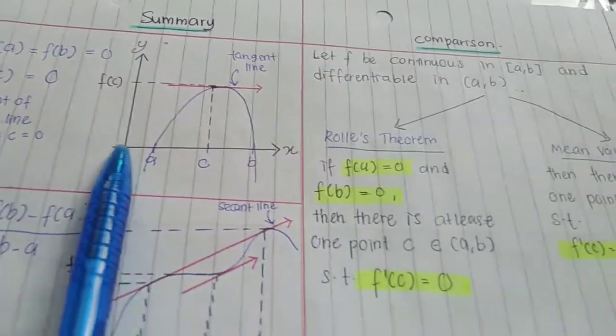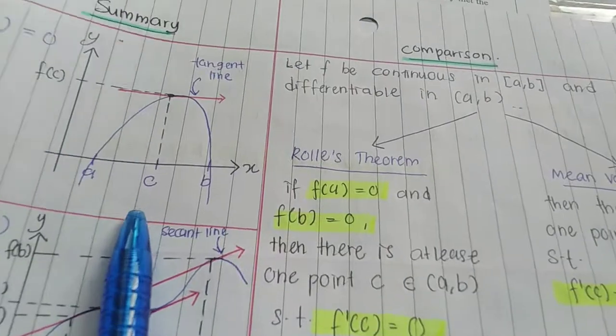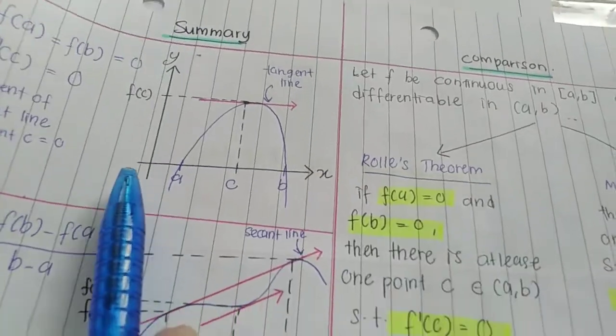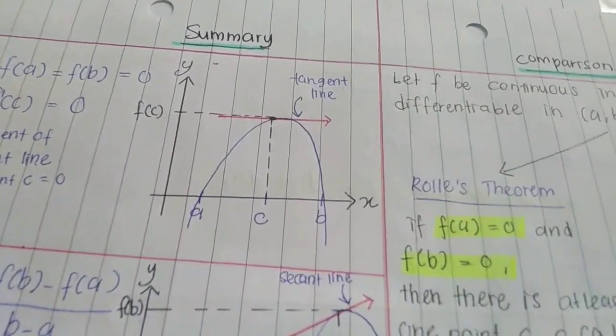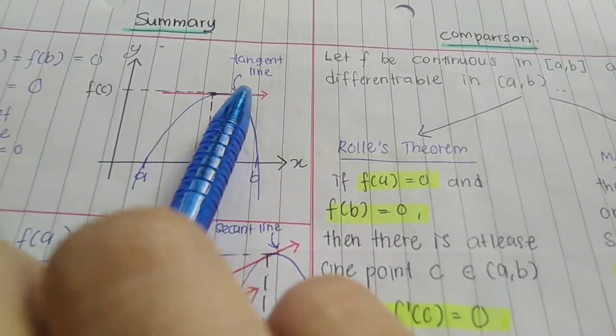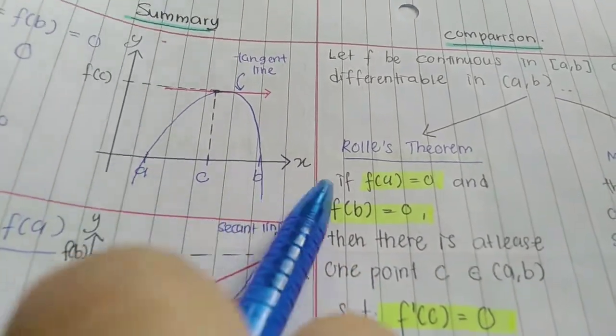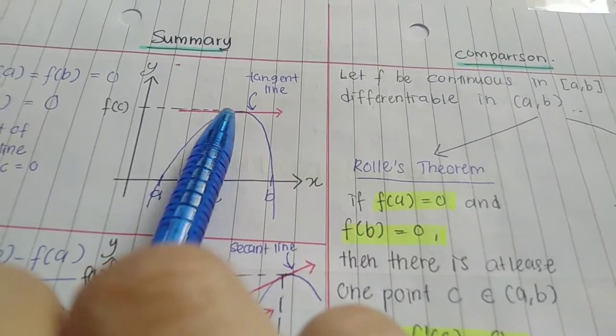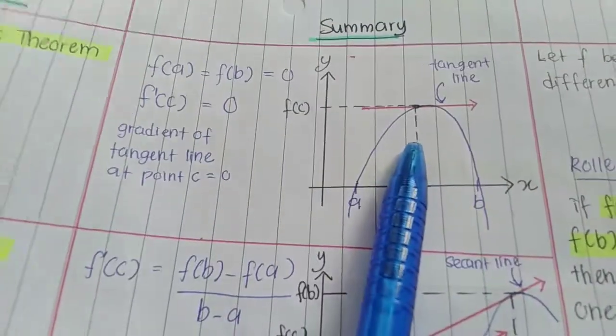So there is at least one point c such that f prime of c equals 0. This means the tangent line is parallel to the x-axis, so the gradient is 0.